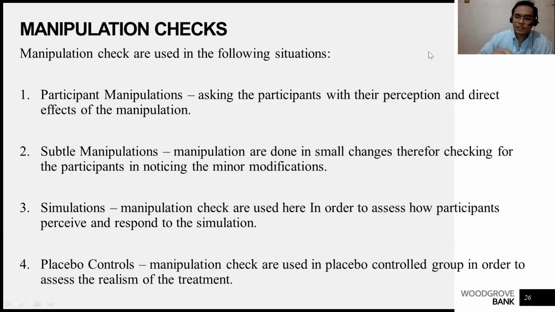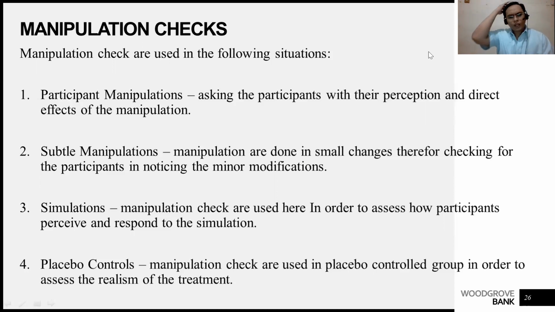The manipulation check assesses how participants perceive and respond to the simulation. They check if the participants experienced the realism of the simulation. If the participants found out that it's just a fake simulation, it could affect the overall results of the experiment.